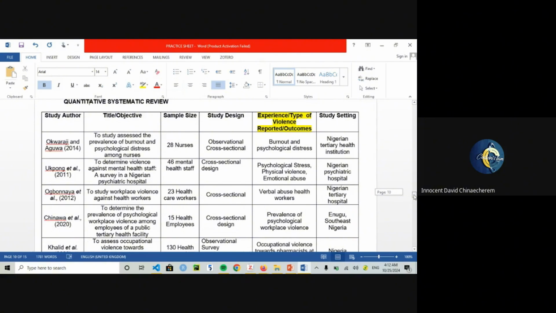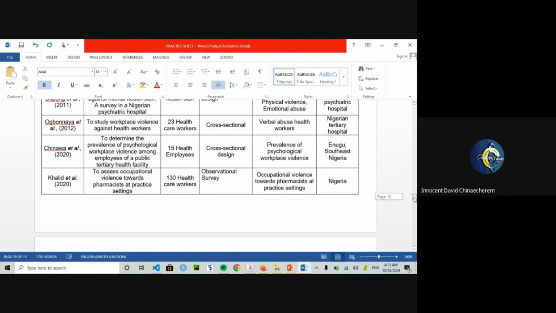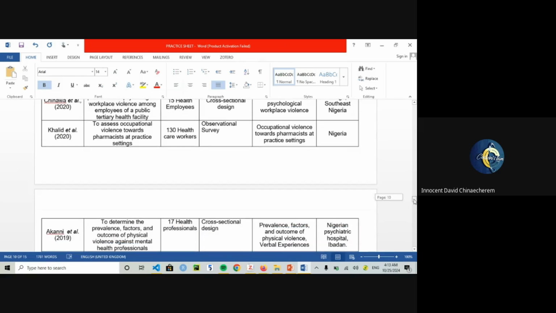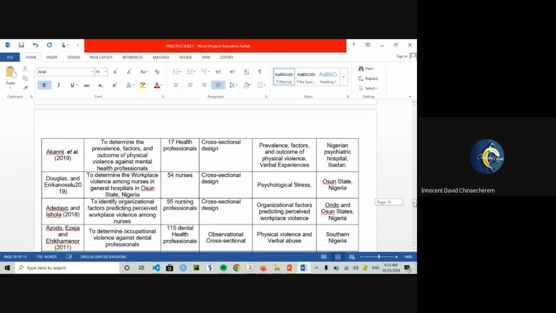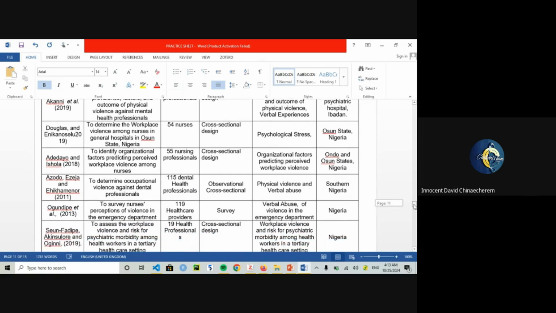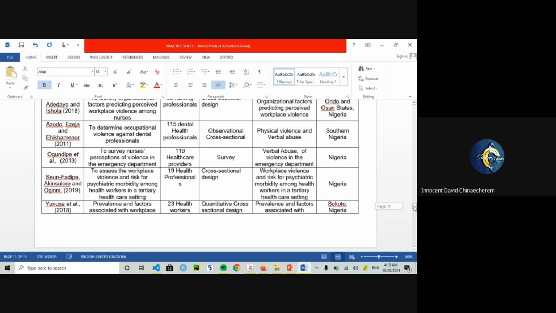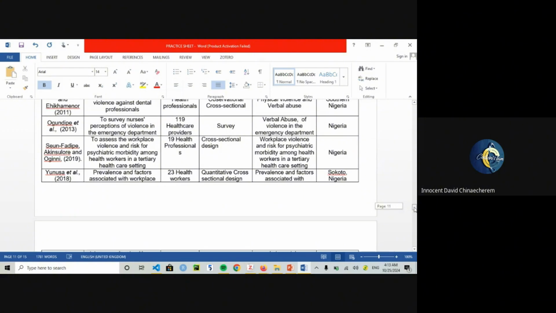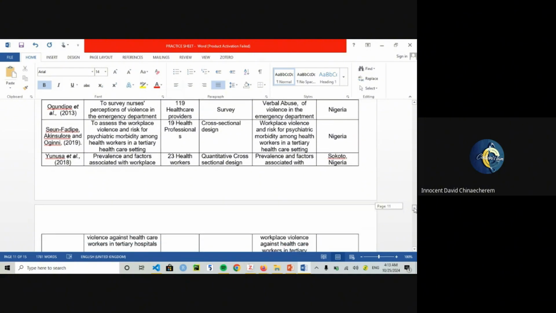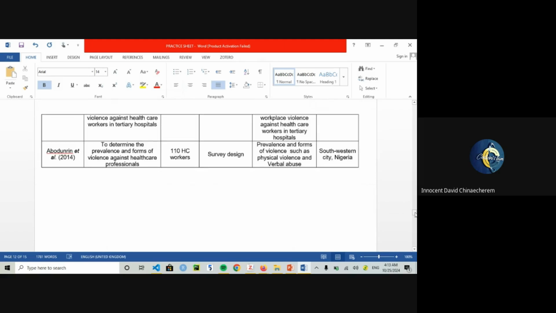So this applies to the studies by Ubong 2011, Obonaya et al. 2012, Chinawa 2020, Kali 2020, Akani 2019, Douglas and Enikasole 2019, Adedayo and Ishola 2018, Azodo 2011, Ogundigbe 2013, Sion Fadipe 2019, Yunusa 2018, and Abodurin 2014.